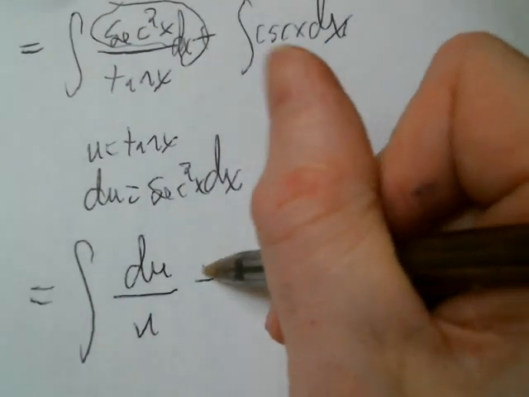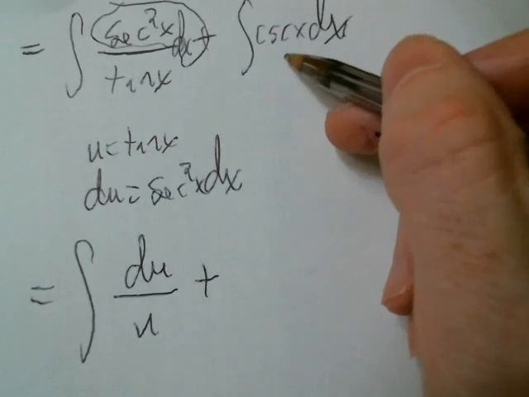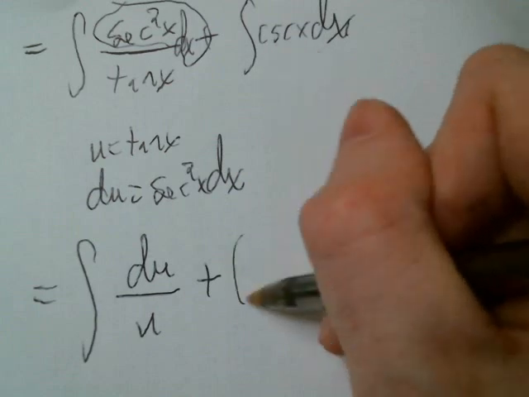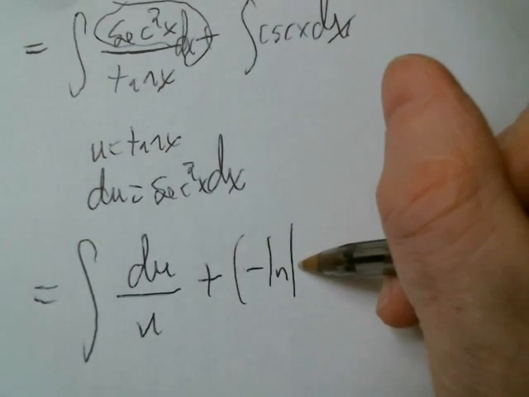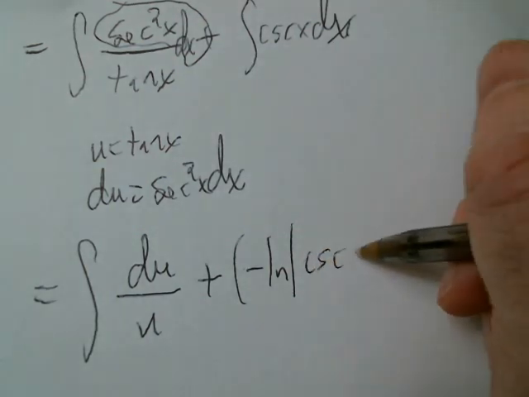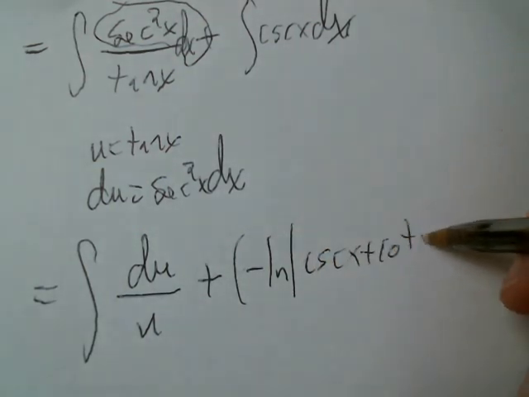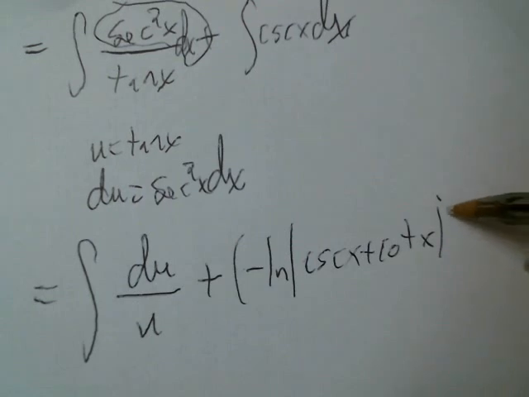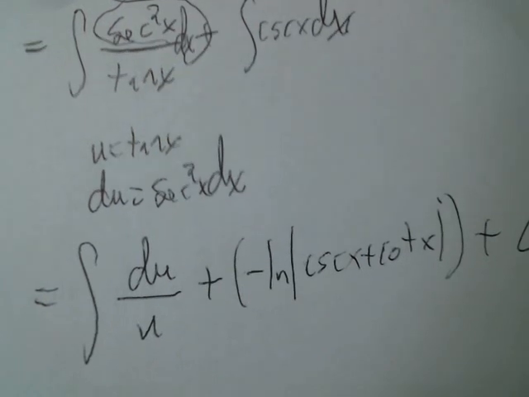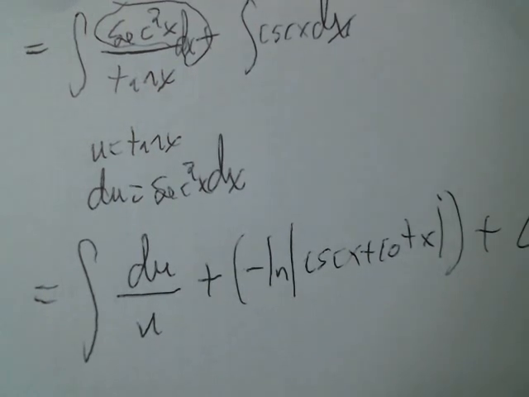Okay? And then plus this integral, which is an awful lot like the integral of secant. So I think it's just probably negative ln of the absolute value of something like cosecant plus cotan, which I don't expect you to have memorized, right? Let me just make sure that's right before I commit. So I'm going to go to my book, and hopefully these integrals are in my book somewhere.